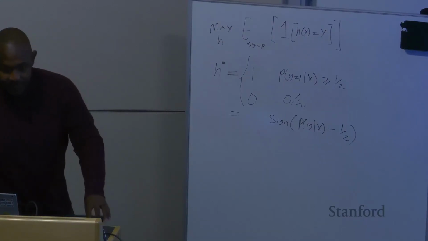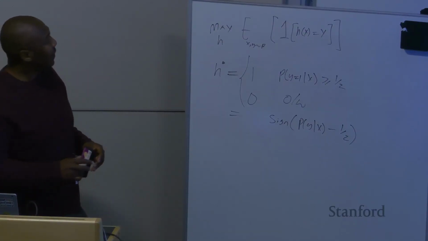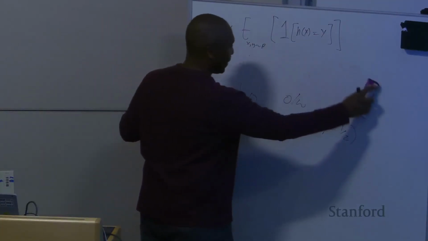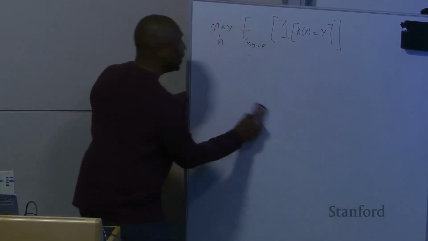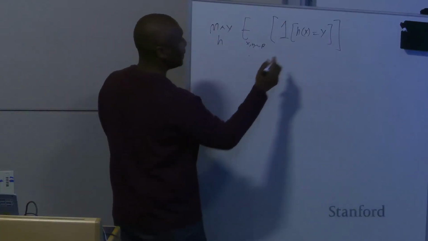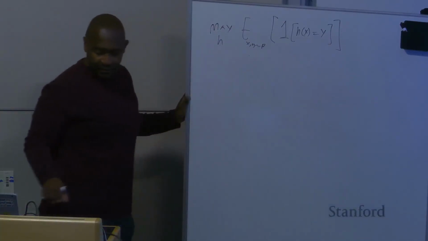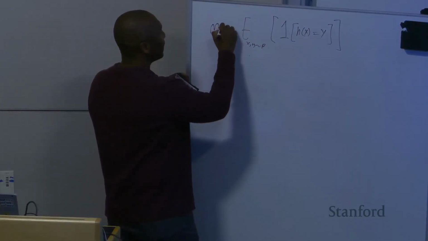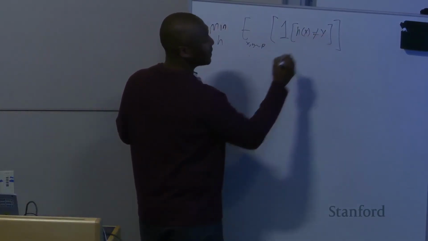What happens if I go from this problem to a weighted problem? I'm going to write it in these semantics, and to make it closer, instead of accuracy, I want to make this the error, the minimum number of mistakes.